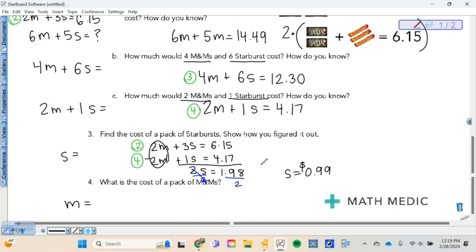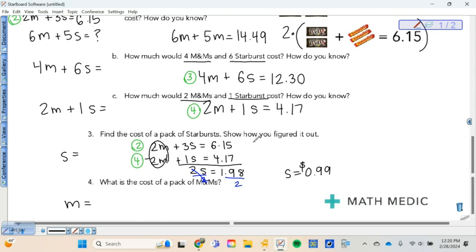What are you confused about? Yeah, I subtracted this equation from this equation. So 3S minus 1S is 2S. 615 minus 417 is 198. And then divide. Yeah?